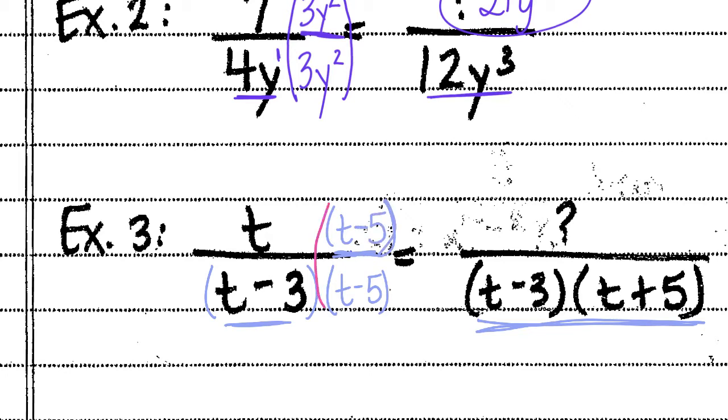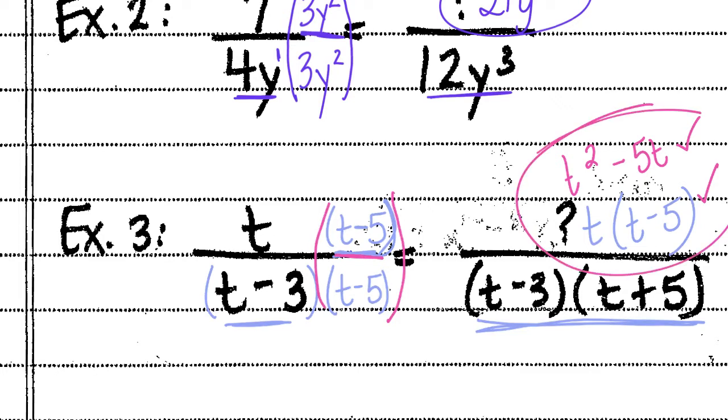So remember that this in pink is equivalent to 1. And on the top, I end with t times t minus 5. Some of you would show that as t squared minus 5t. Unless it's stated in the directions to show it a certain way, I would take either one of these answers. So great job with that one.